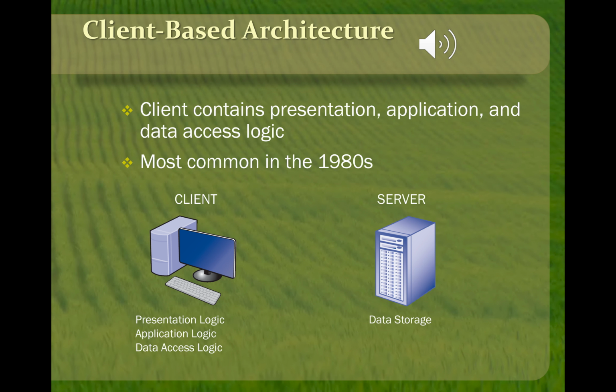The server held the data strictly as a repository, so it would be responsible for holding and storing the data, for backing it up, and nothing else. All of the work was done client side, and that was a very common way to have things done. And it started to evolve in the early 1980s through the late 1980s. So that's the client-based architecture.